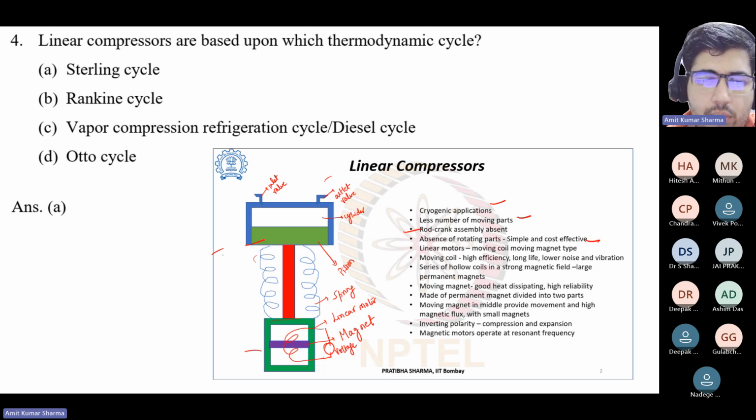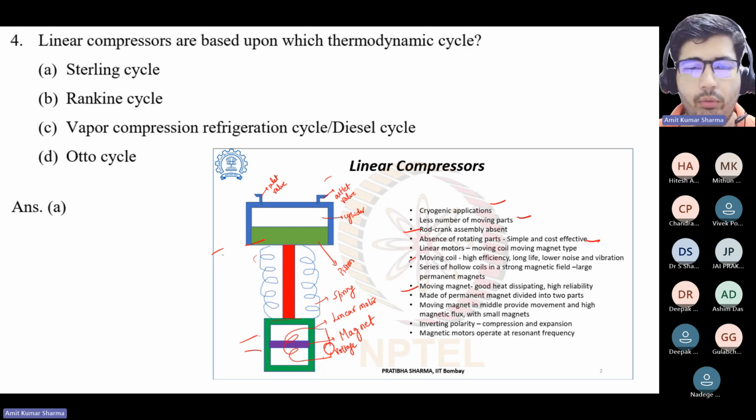Linear motors: here you can see moving coil and moving magnet types. With moving coil, we can have high efficiency, long life, lower noise and vibration, using a series of hollow coils in a strong magnetic field, or we can also use large permanent magnets. With the magnet moving, we can have good heat dissipation and high reliability.